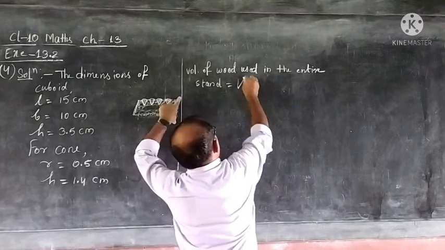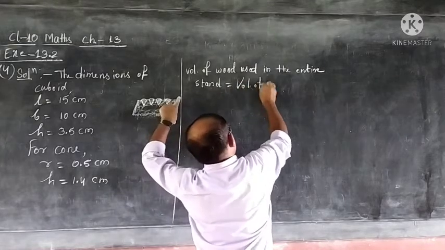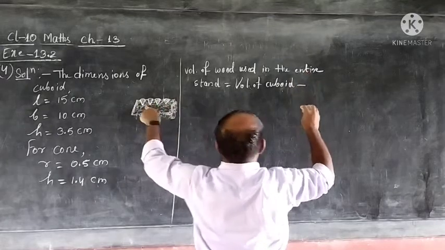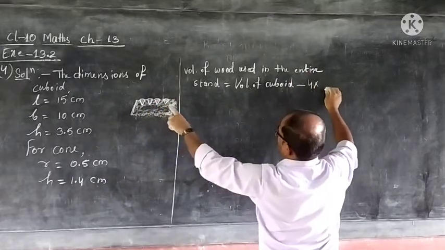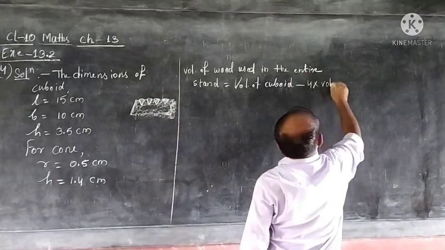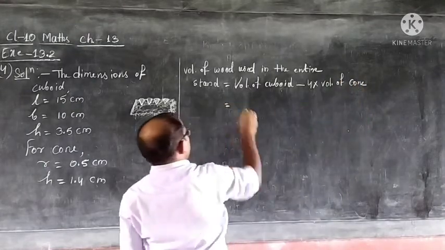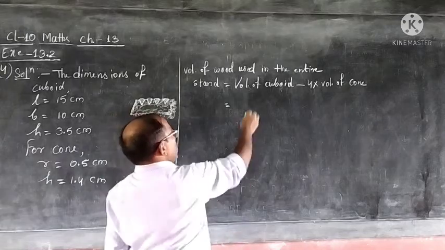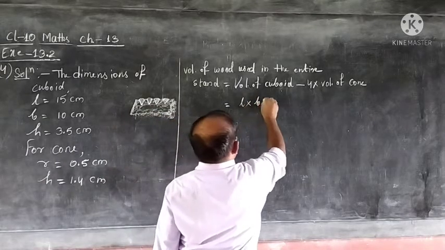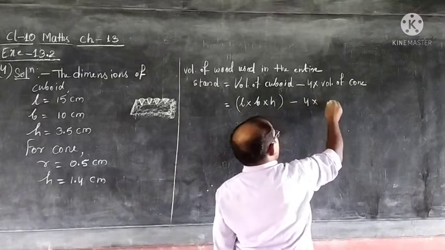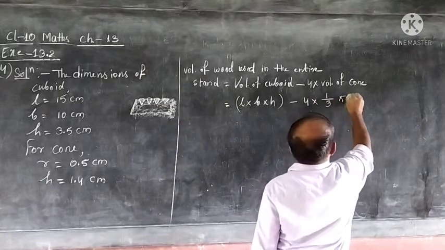So, volume of cuboid minus, how many holes are there? 4. 4 depression or 4 holes. So, 4 into volume of cone. Each depression is of same dimension. Volume of cuboid, length into breadth into height, we all are very familiar with this formula. Again 4 into volume of cone, 1 by 3 pi r square h.